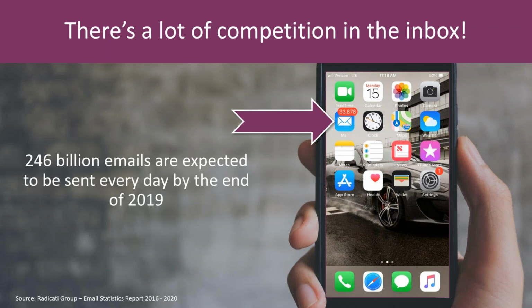This home screen shows an example of how many notifications there are on that email icon. Maybe this person was trying to see what kind of limit Gmail has. But all jokes aside, in terms of people's inboxes, there is just a lot of competition.